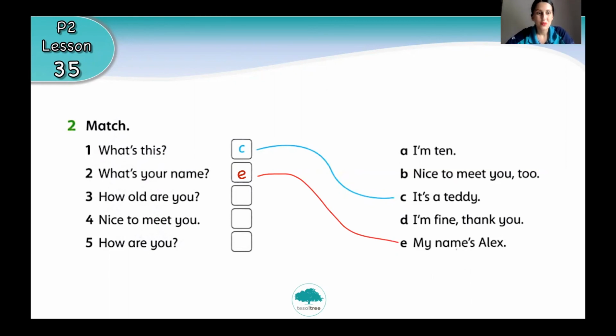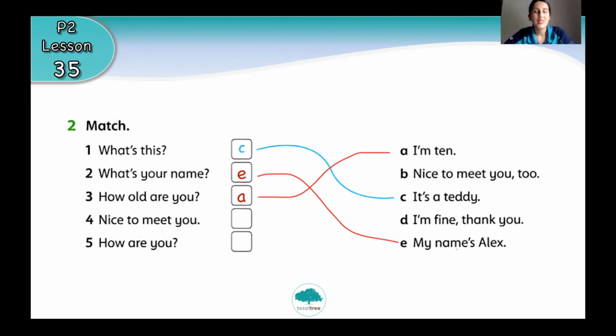Okay, continue. Sentence number 3. How old are you? So the question about the age. Which answer do you want to choose? P2, can you help me? Yes, I am 10. Very good. So answer A. We have to write in the box and draw a line, please.